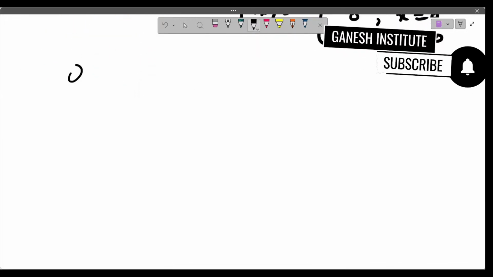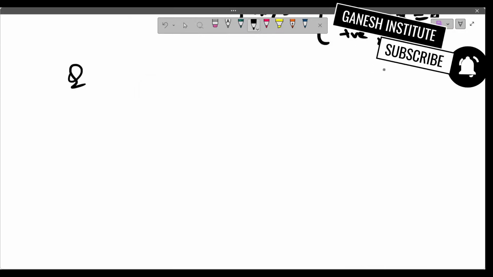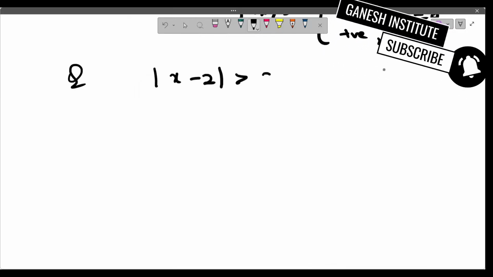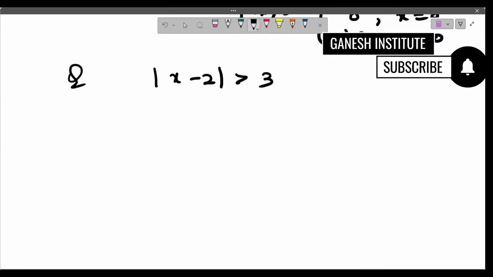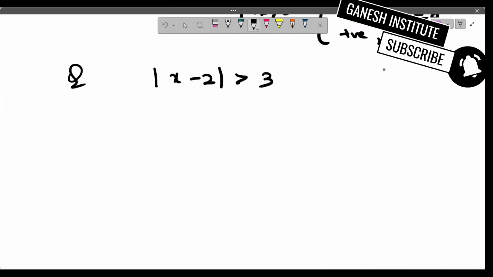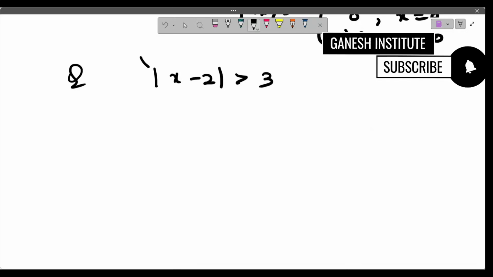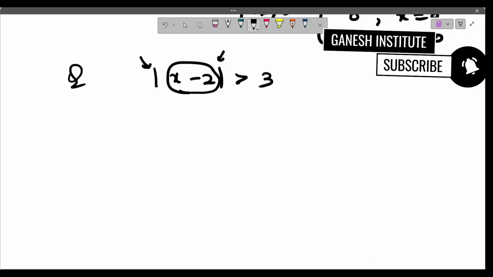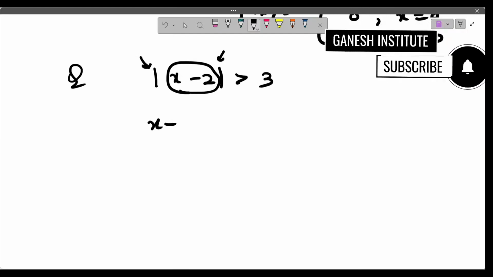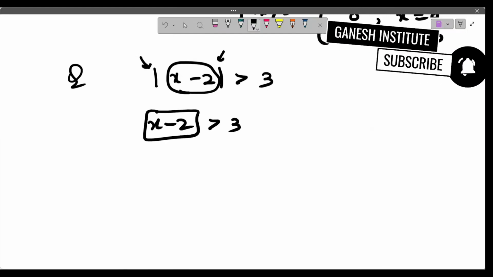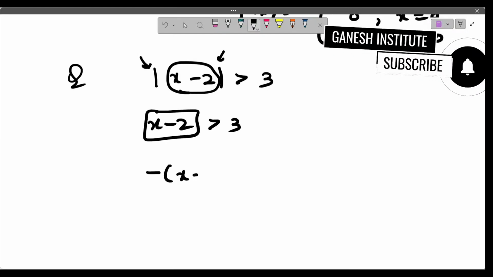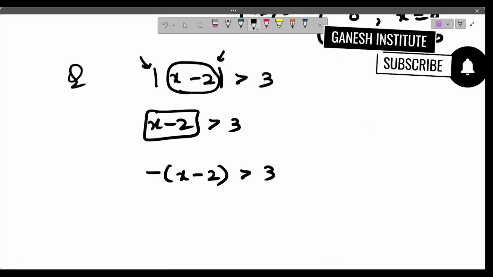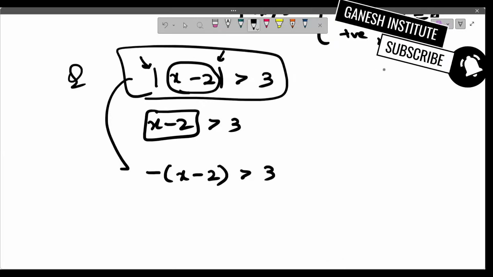So let me dig deeper into it. For example, I have an inequality and I have to solve it. I know that as soon as I remove this modulus sign, the possibility is that it is positive x minus 2, and even if it is negative x minus 2, it is giving me the same answer, right?